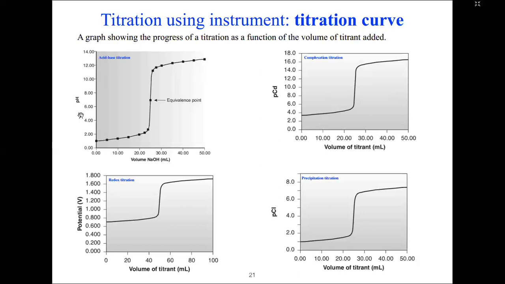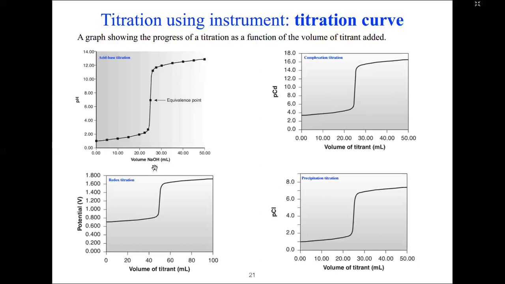Again, at the beginning, the rise in the pH is very slow. Also at the end, the rise in the pH is very slow. Somewhere in between, there is a very steep rise. That steep rise will give you the equivalence point. If you draw the vertical line, then you get this volume of sodium hydroxide required for the neutralization of base and acid. Okay.